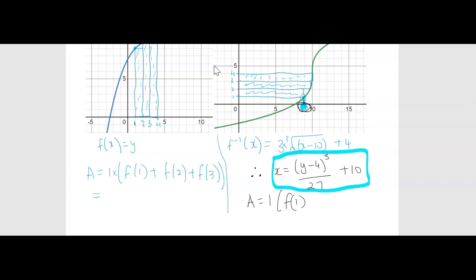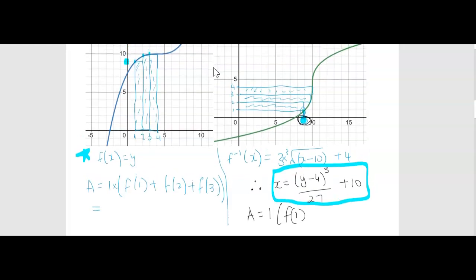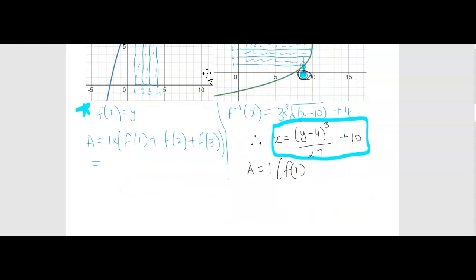And for this side, I'm substituting 1 into f of x. So you're getting the same value both here on the y-axis and here on the x-axis because you've taken the inverse. Then we've got plus f of 2 plus f of 3.